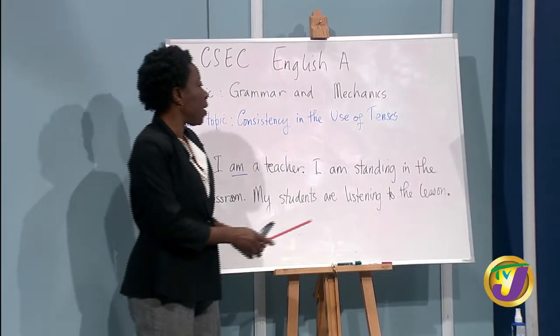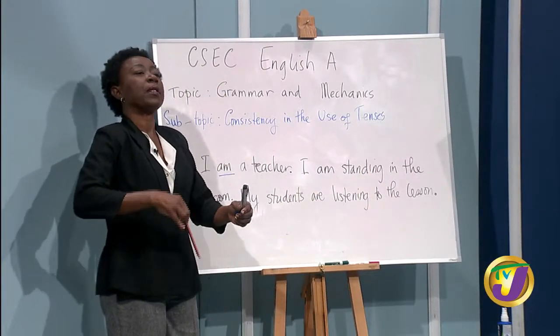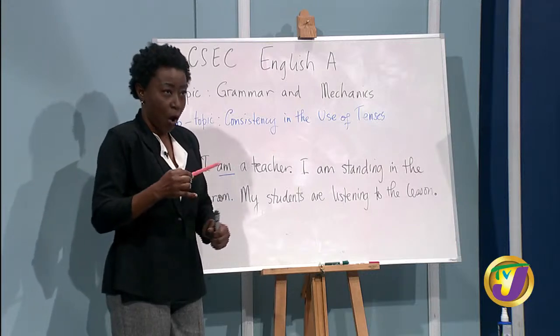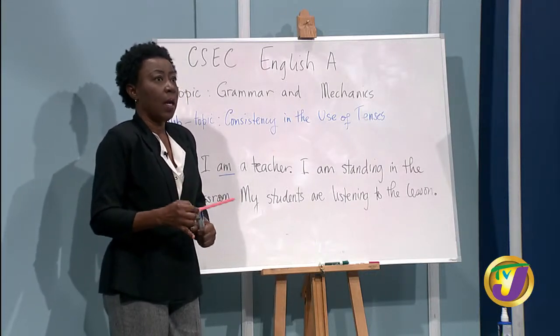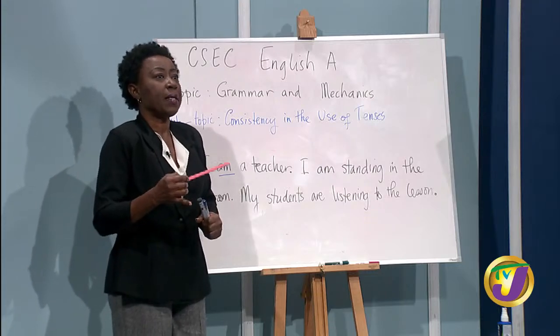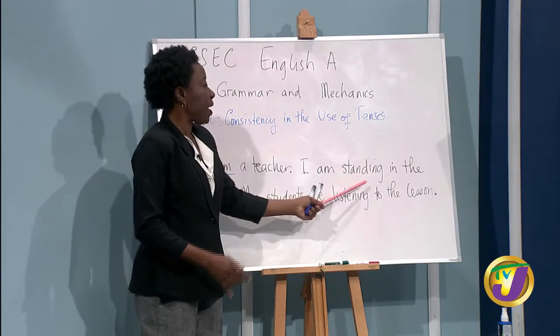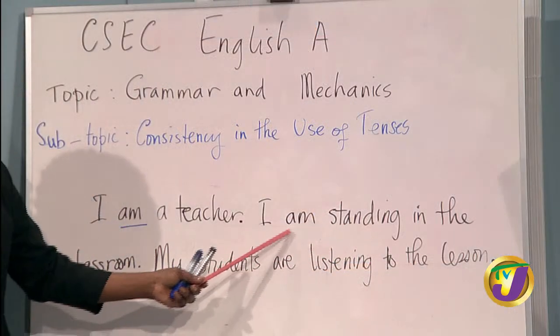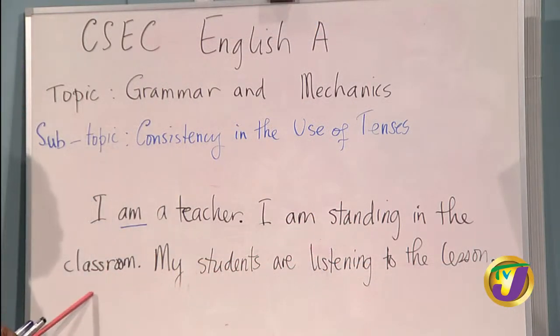Remember the present participle form. Present, but the action is going on for some time. I didn't just stand up and then sit. I'm still on my feet, so I'm standing. I'm standing in the classroom.